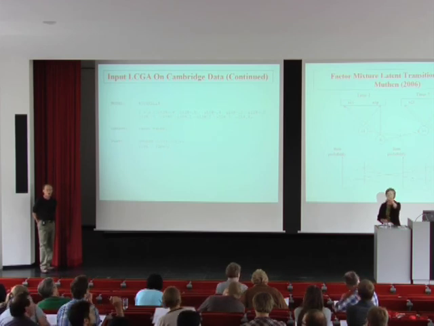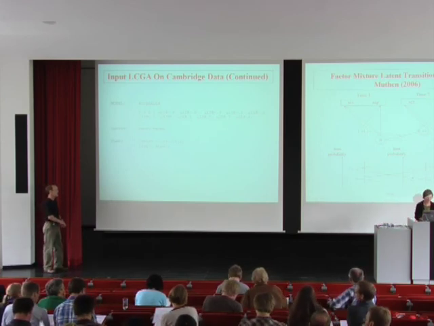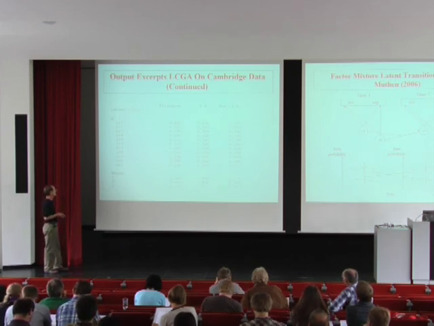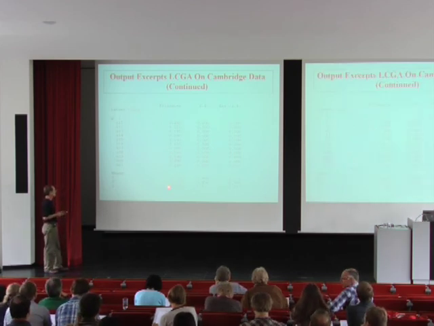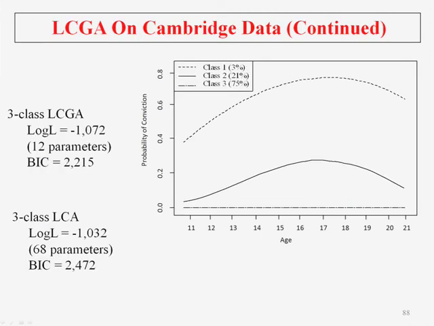Well, here we have a question back here. Page 84. In the lower part, you see that there is a significant intercept and non-significant effects for slope and quadratic trend. But in the picture on page 88, you don't see that for class 2. So I was just wondering how to interpret or how to link these coefficients to the picture.